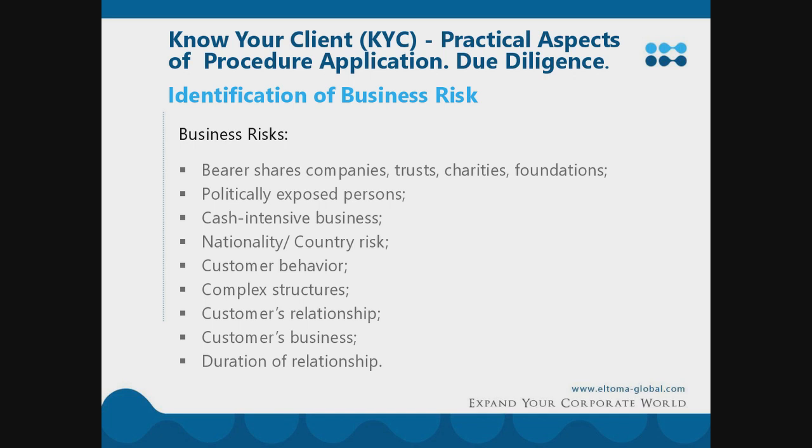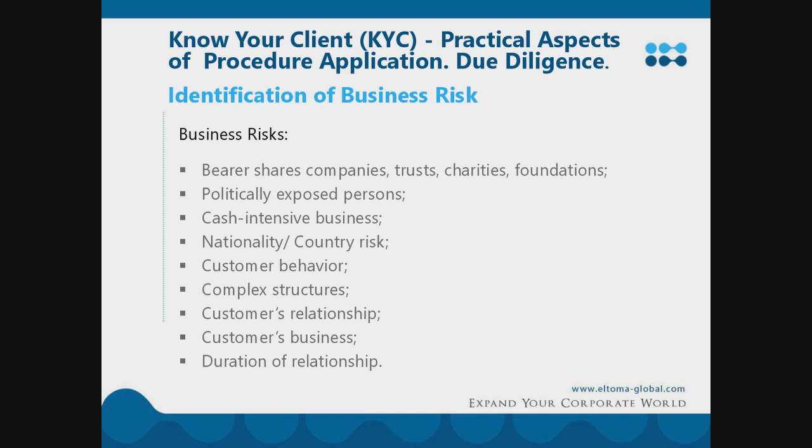Now we will discuss business risks. Business risks include bearer shares, politically exposed persons, simply politicians, cash-intensive business, nationality and country risk that we discussed before, and customer behavior, again discussed earlier, when the client refuses to provide you some information.